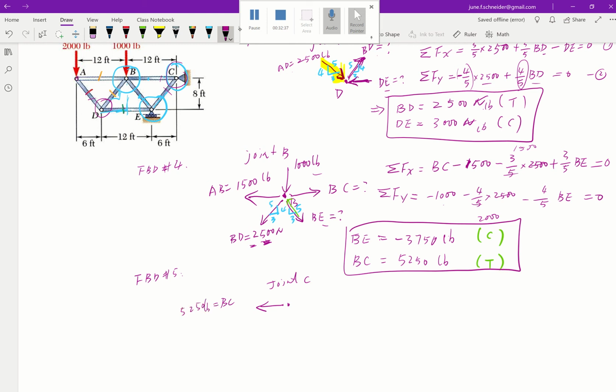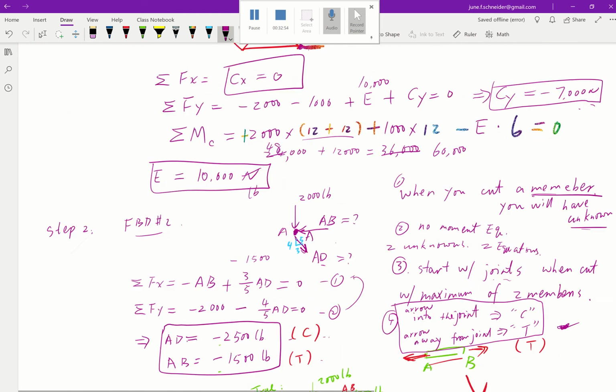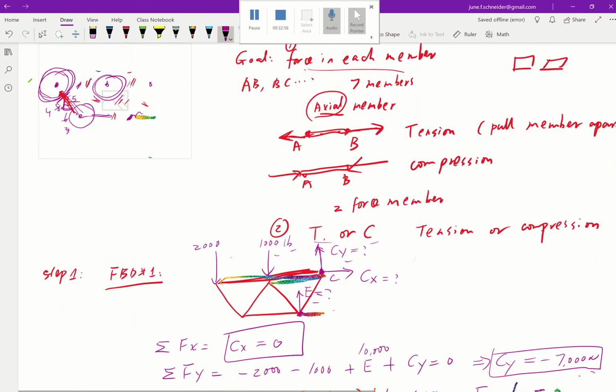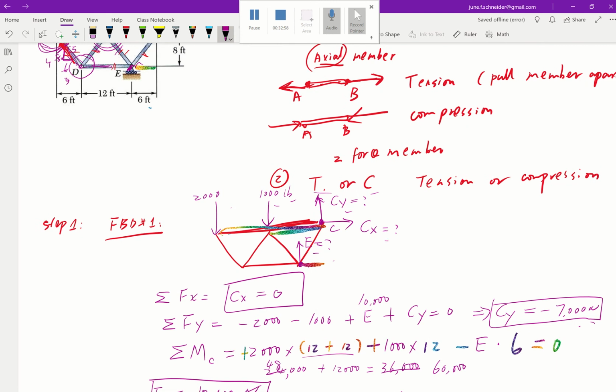Also, we have CE, and if we're guessing, it is going to be pulling that direction, pushing into it, so that's our CE we're solving. And don't forget, since it's connected to the external part, right? It's going to be what we have over here, CX and CY.